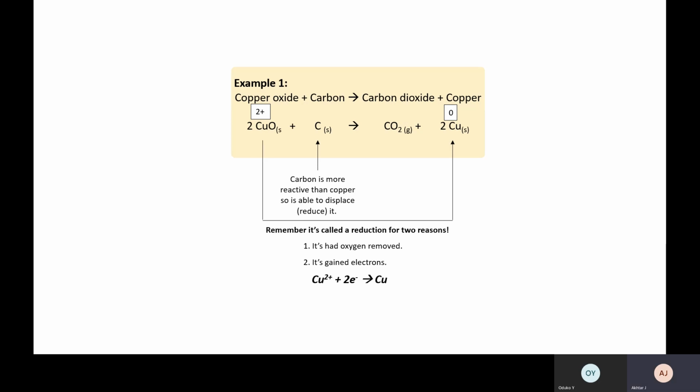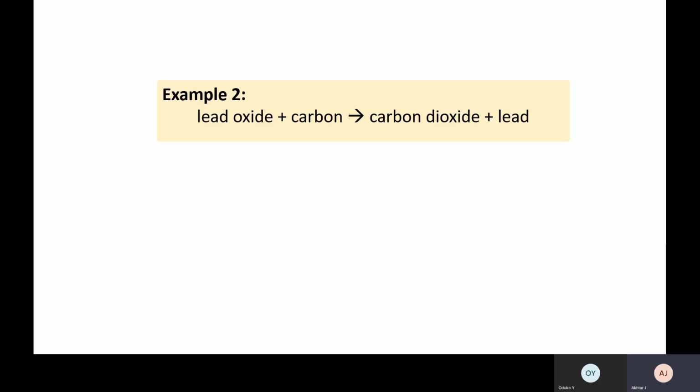That would be the half equation for 1 of the copper ions in this reaction. Right, I want you to use the same layout for the next 3 examples. Try this one yourself. Lead oxide plus carbon makes carbon dioxide plus lead. Write the balanced symbol equation, and then please write the half equation to show the reduction of lead. Pause the video and try that.